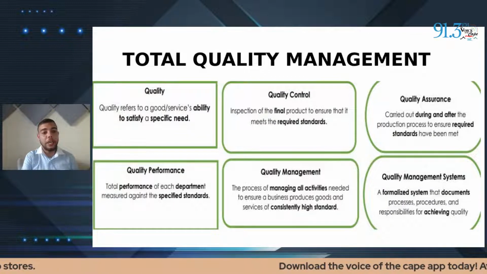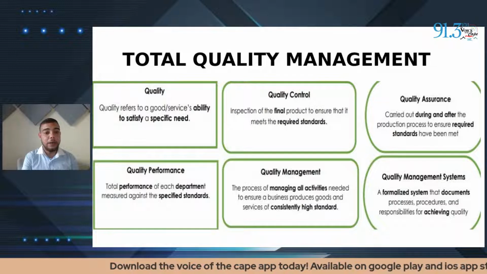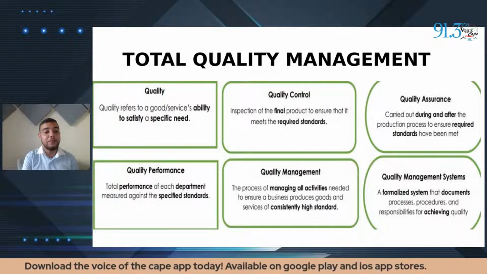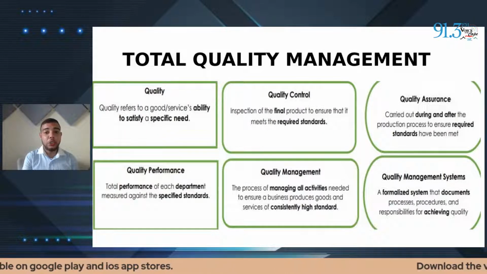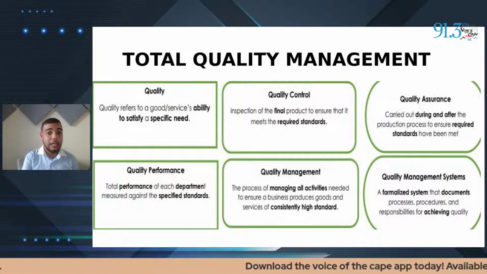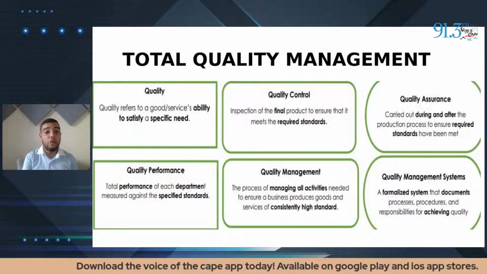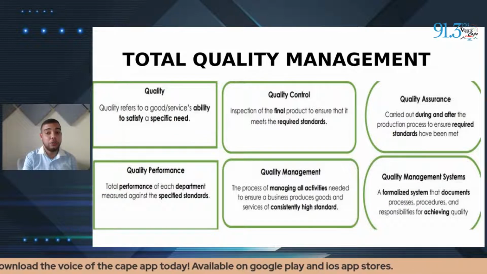So, what is quality? Quality refers to a good or service's ability to satisfy a specific need. Quality control is the inspection of the final product to ensure that it meets the required standards. So the key word is the final product. It is the overall inspection that you need to remember.